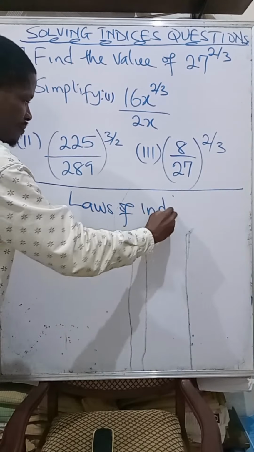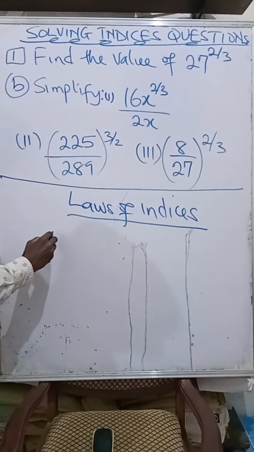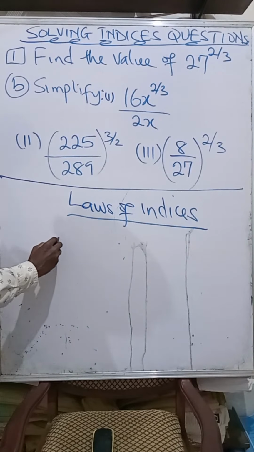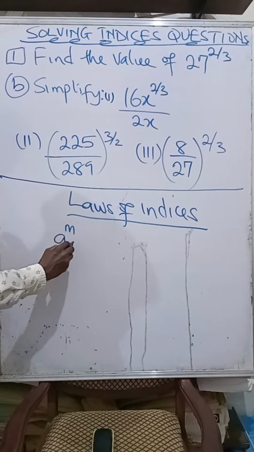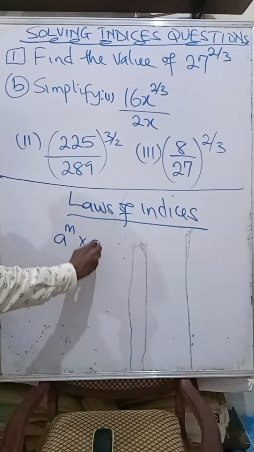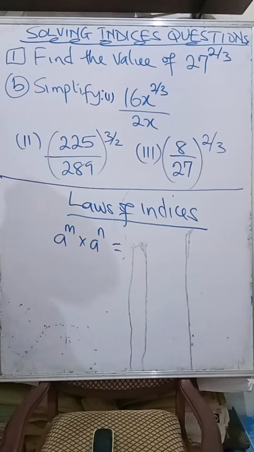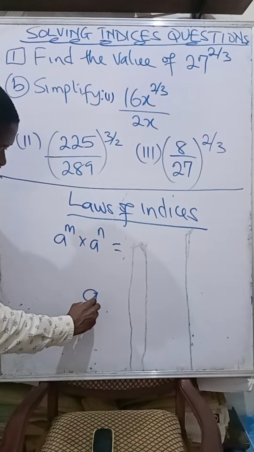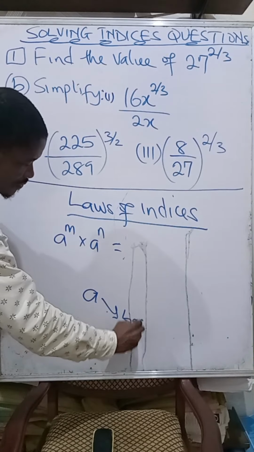Laws of indices. When you have a to power m times a to power n, this a is called the base.